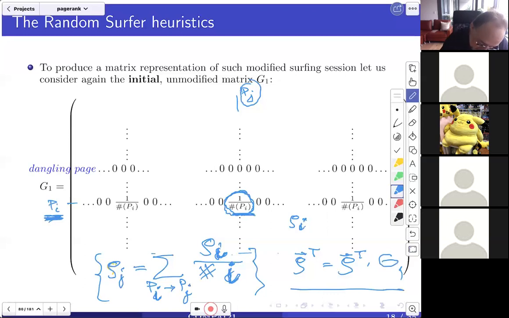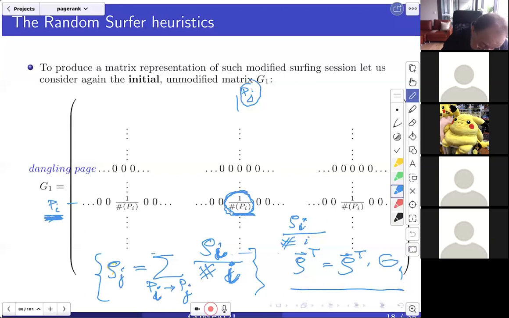So rho i divided by the number of outgoing links of i is precisely the probability to end up at page pj if the probability to be at pi is rho i, and of course the probability to choose the right link is one over the number of outgoing links.